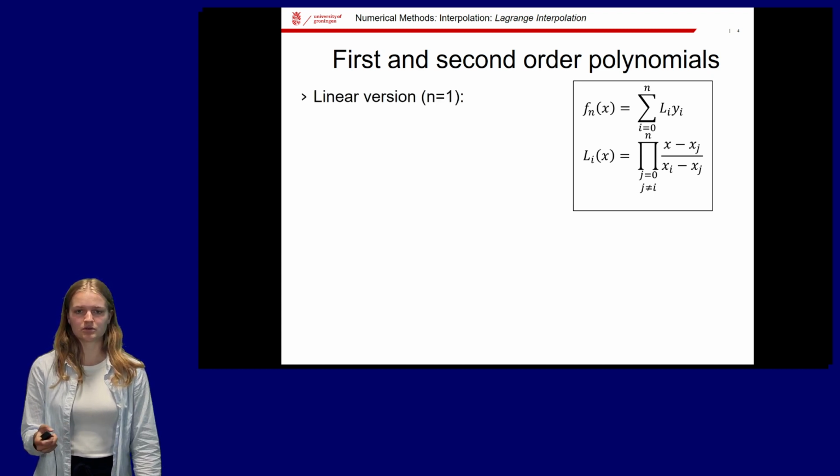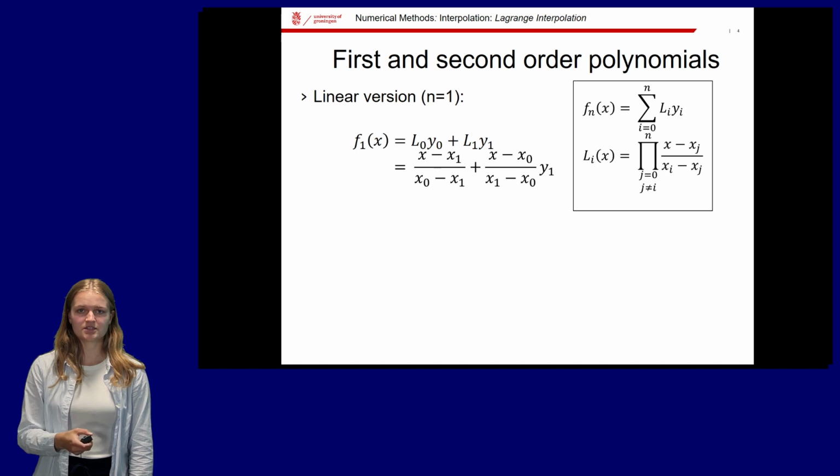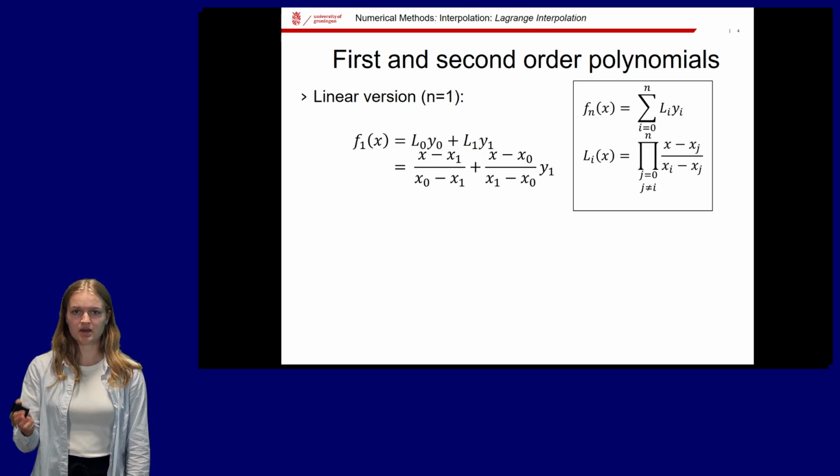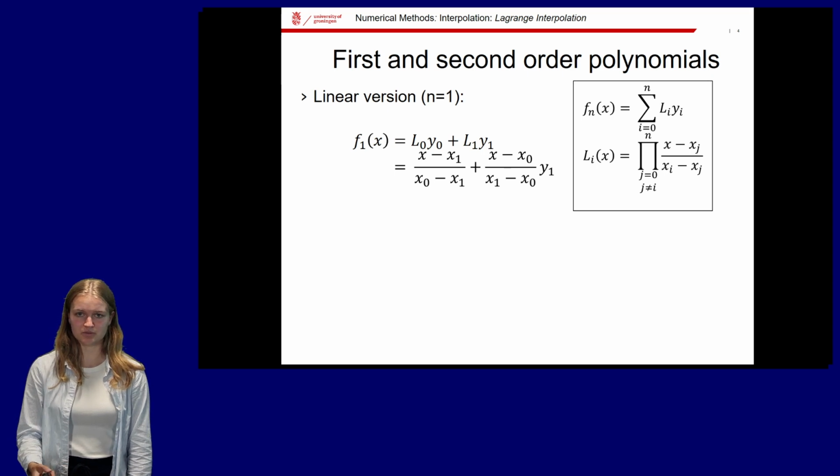So the first order, n is 1, we will have an expression of a straight line. And it's going to be this. F1 of x is going to be L0 y0 plus L1 times y1. And then you can calculate the L functions like this.